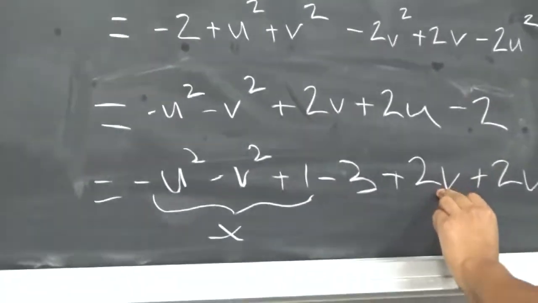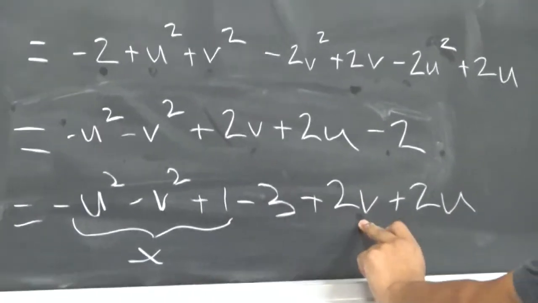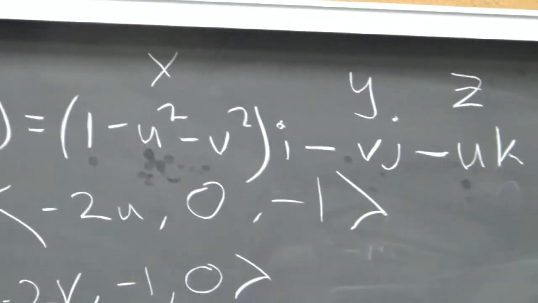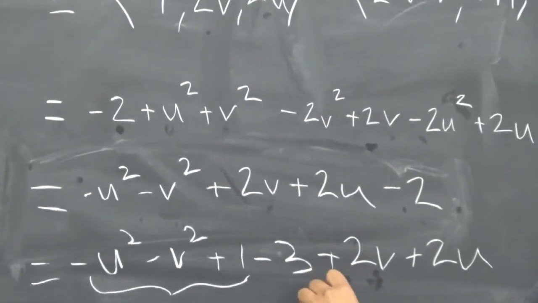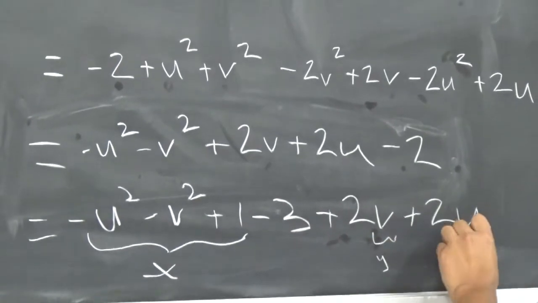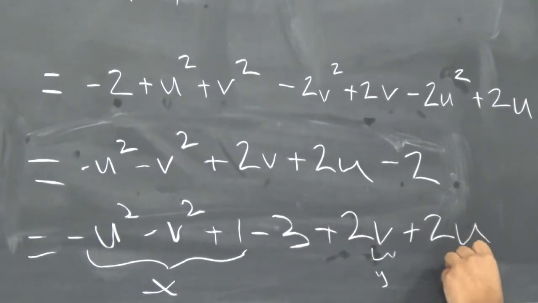This v right here is going to be our y. But up here in this component, it's negative v, so it's just going to turn this to -2y. And so we'll say that this is all y. And then the same thing goes for here, and this is our z.